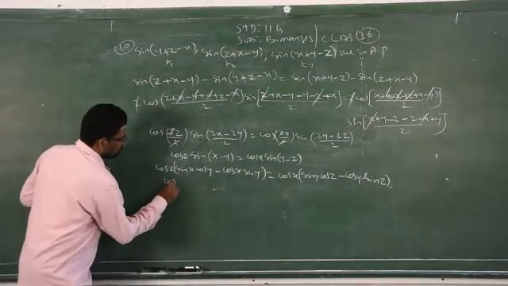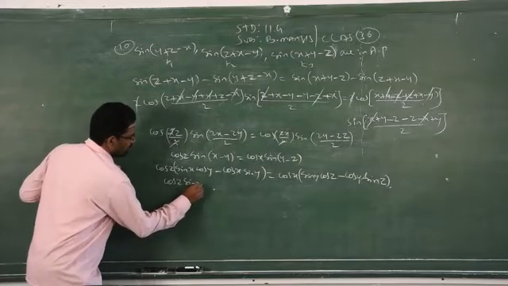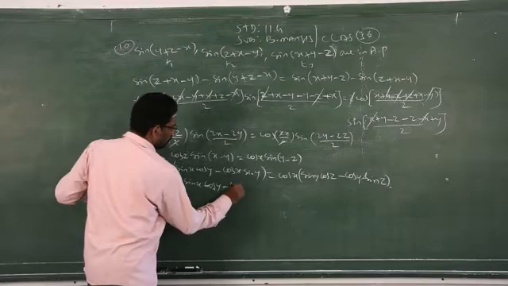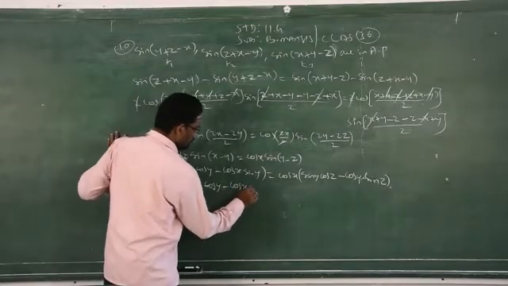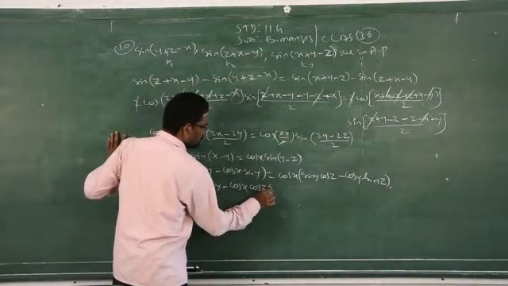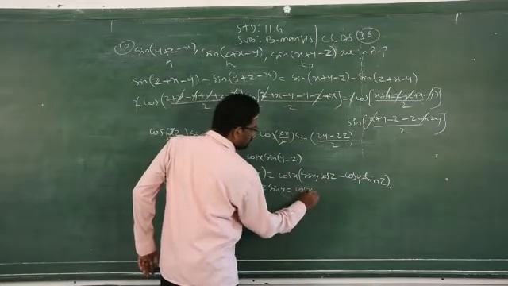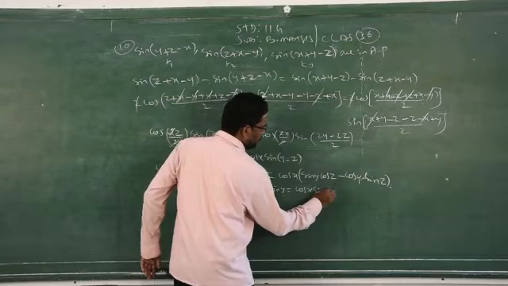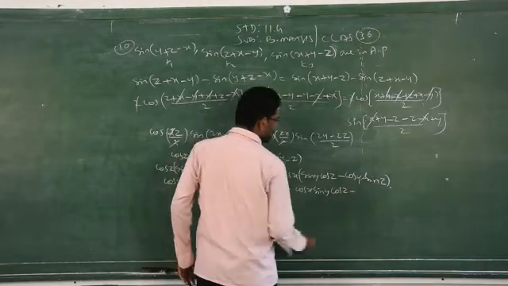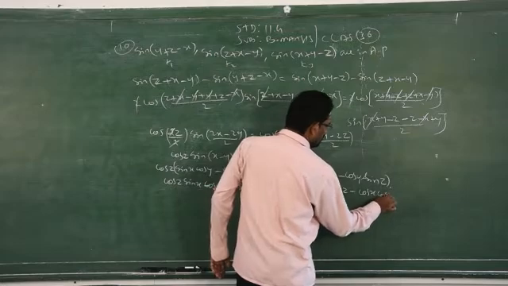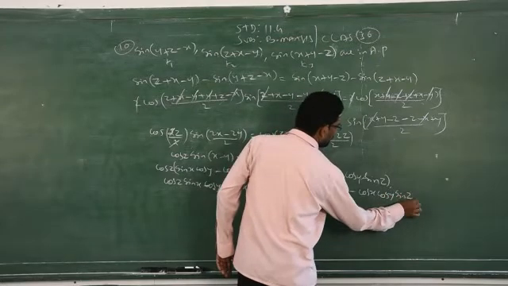So cos z sin x cos y minus cos z cos x sin y, is equal to, take cos x inside, cos x sin y cos z minus cos x cos y sin z.